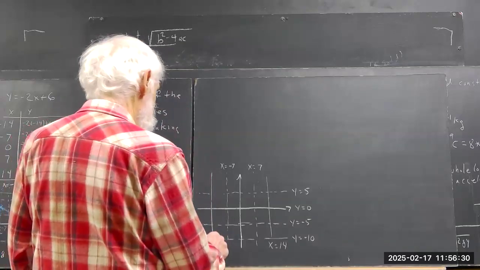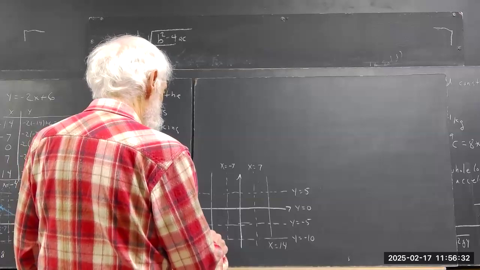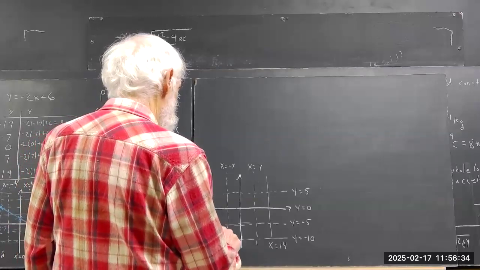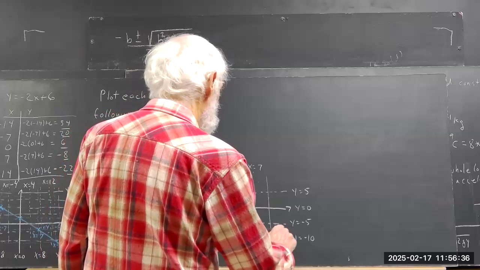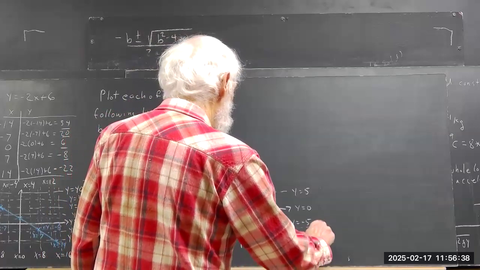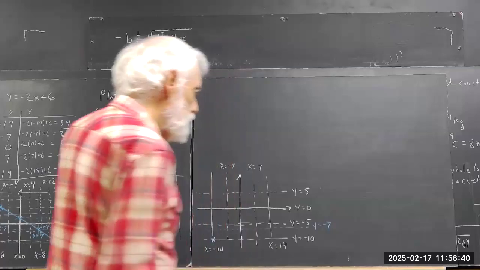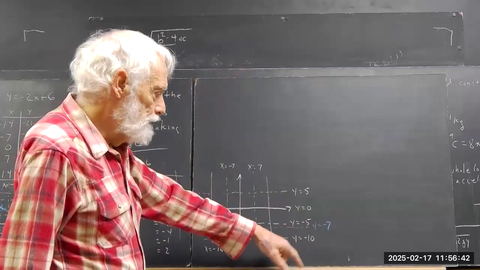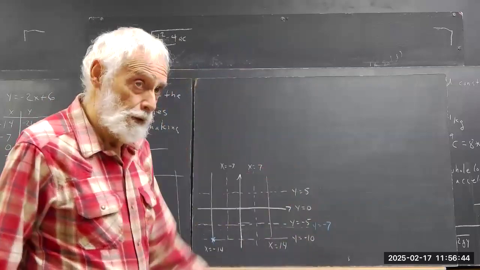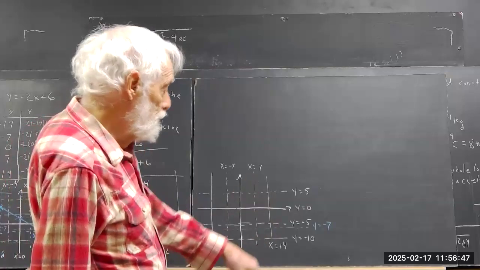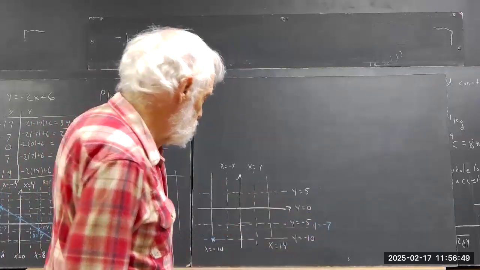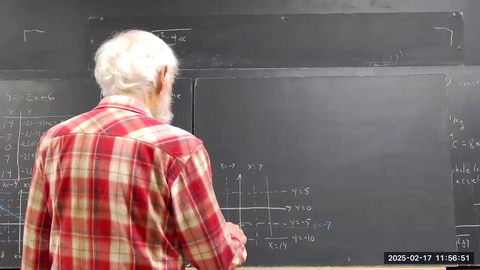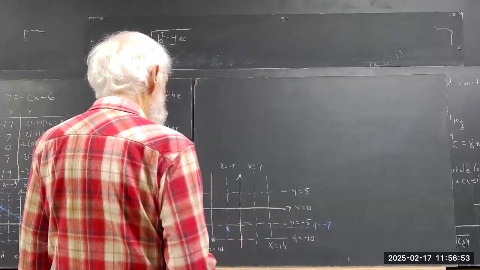Let me use the blue chalk. Y equals -7 will be somewhat closer to y equals -5. 7's between 5 and 10, closer to 5, right? Well, -7 is between -5 and -10, closer to -5. And we're going to get a point here.